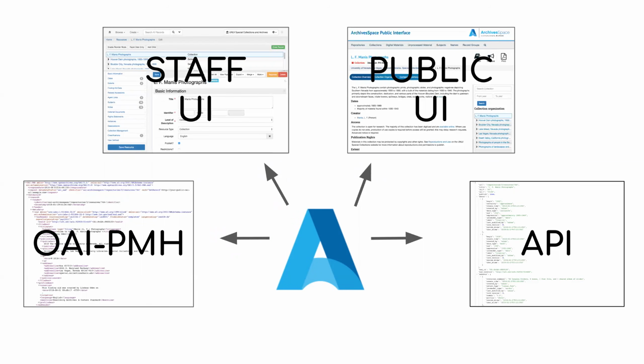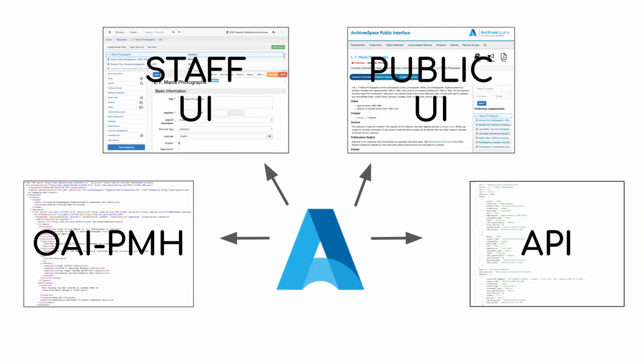ArchivesSpace also has the OAI-PMH interface for aggregators of EAD materials, or perhaps this is how you integrate it with your catalog through harvesting of your descriptions there. We also have the API, the Application Programming Interface, where you can get very fine-grained control to the raw data that is being held within ArchivesSpace.